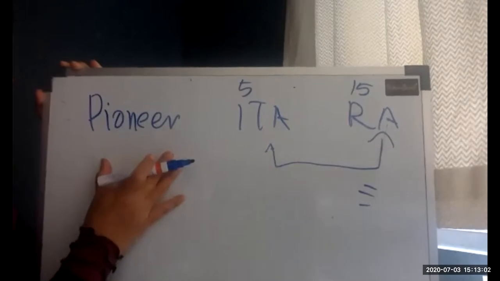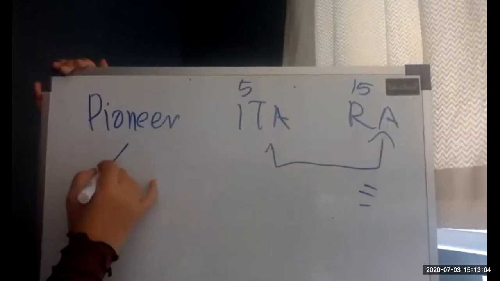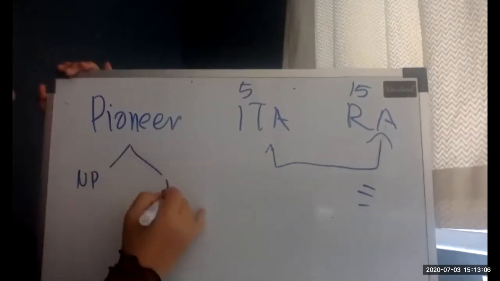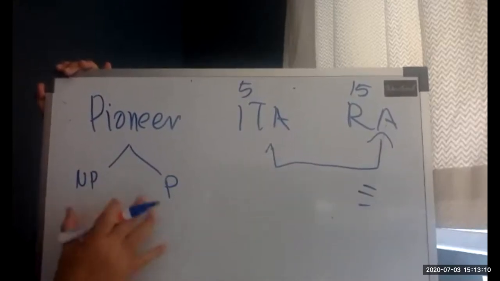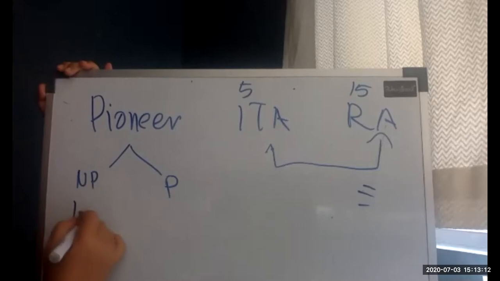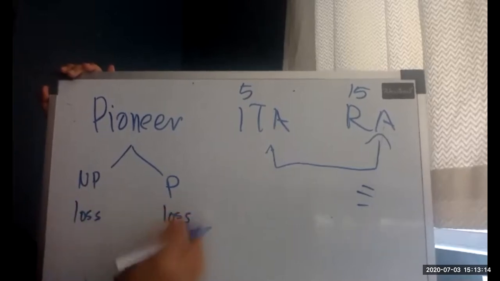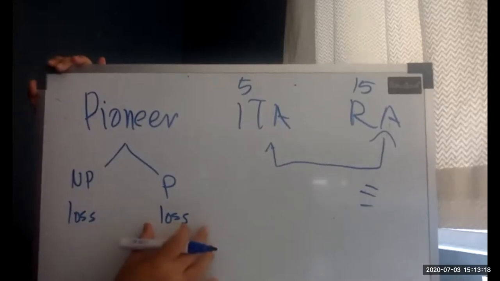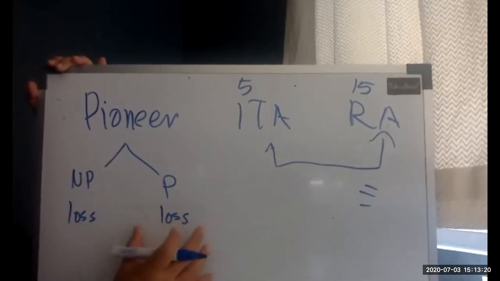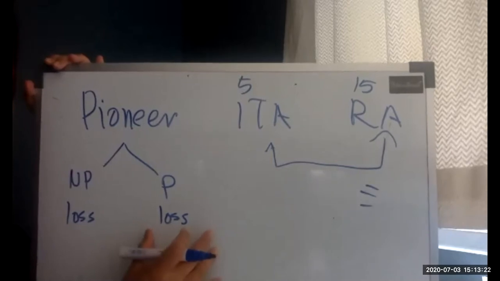Pioneer status, all right, remember that you have the non-pioneer and pioneer business, right? And then you have to see that the losses, you can have loss here, you can have loss here. So loss from pioneer business can only be set off against your 70% SI, the abated income.